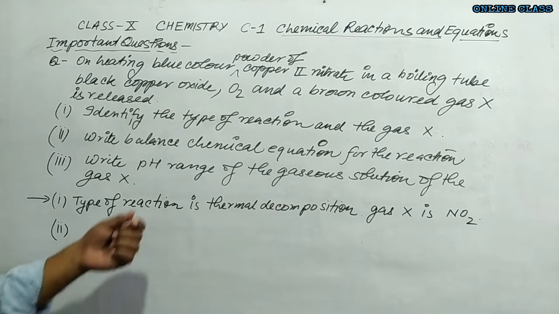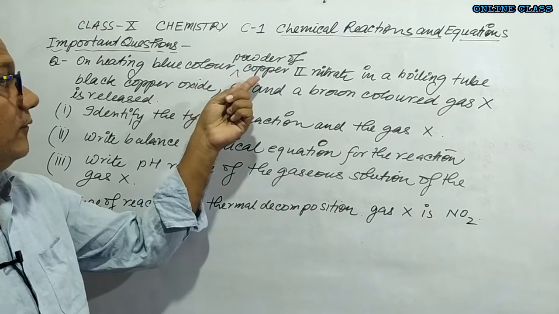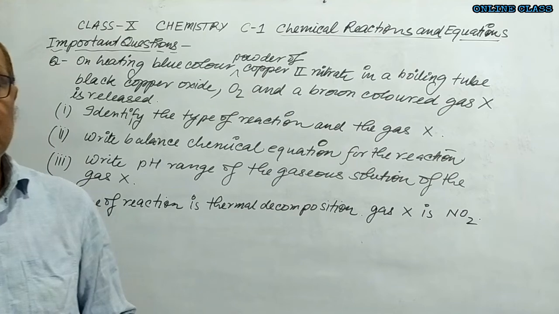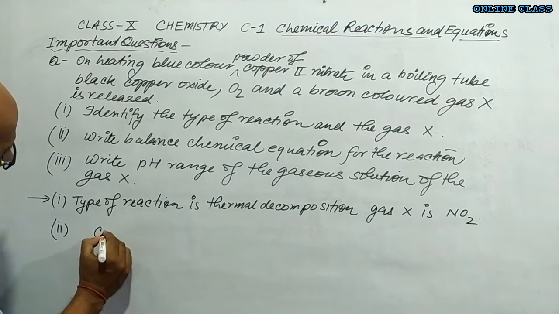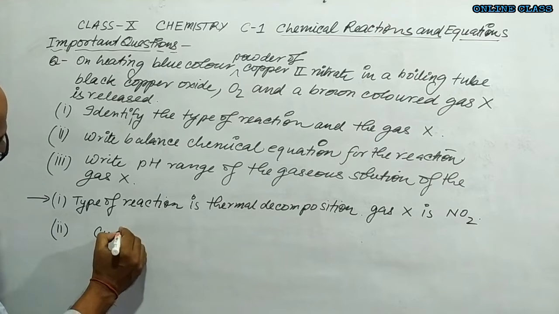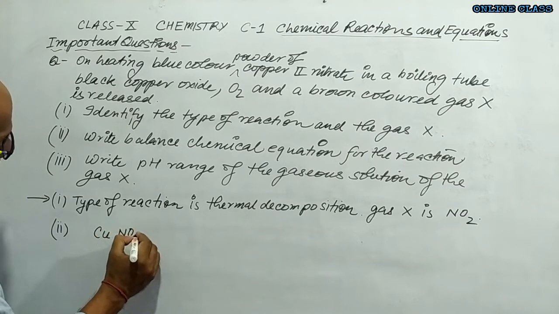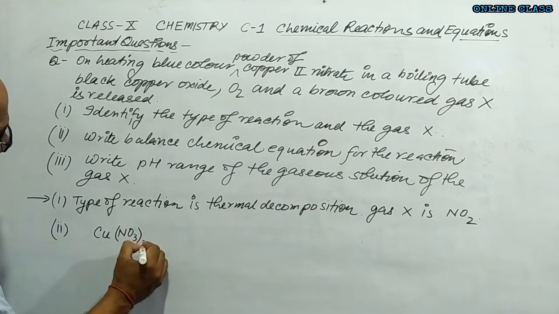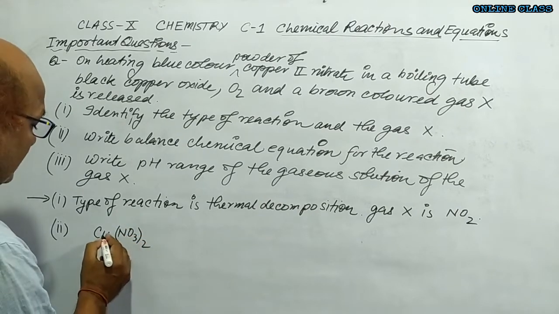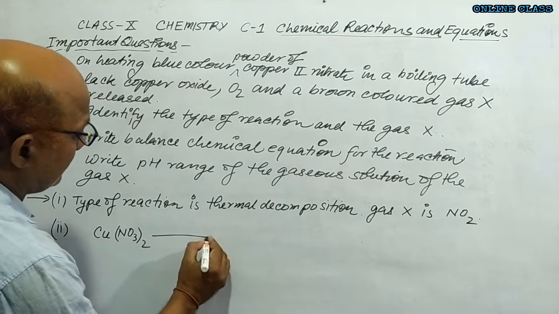Now you can see here, copper second nitrate is heated. So Cu(NO3)2, it is copper second nitrate.